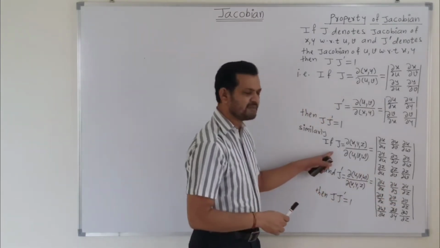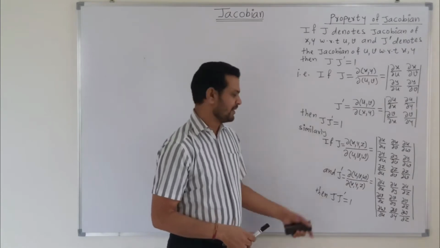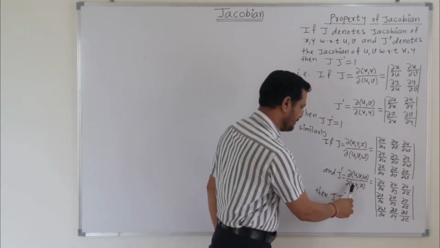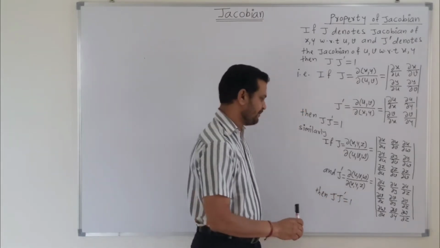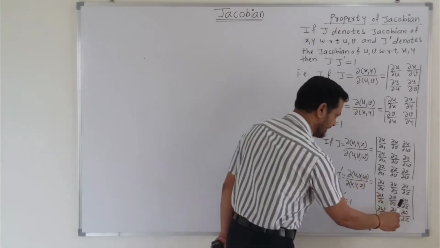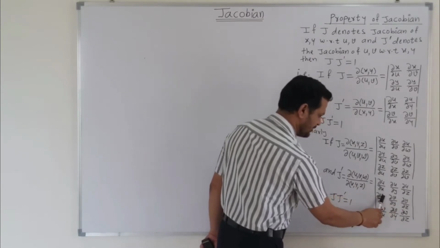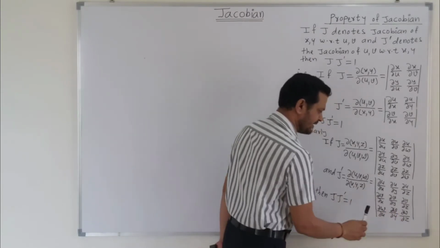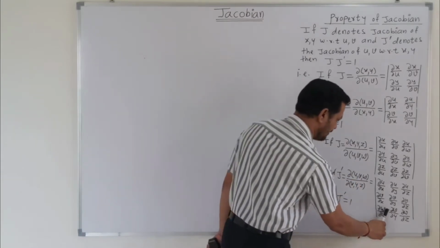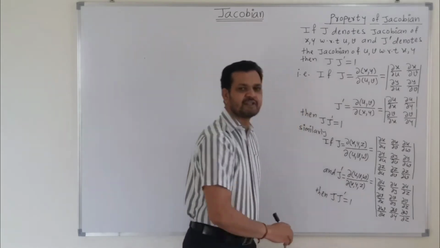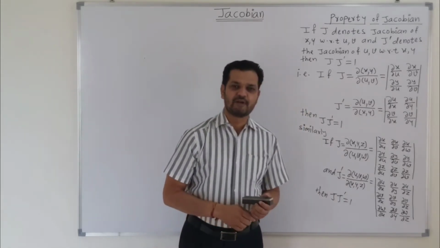So this is the definition of J, where J is for Jacobian. Then J dash is the Jacobian of u, v, w with respect to x, y, z, and its definition is the determinant of the partial derivatives of u with respect to x, y, z, of v with respect to x, y, z, and of w with respect to x, y, z. Then the value of J into J dash is 1.